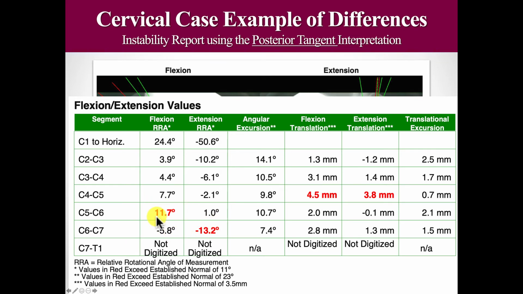Here, and I've got to belabor this point a little more because every one of you has this question, because nobody's ever explained to you the differences. So here I am going to explain this just on flexion, C5, C6, not comparing to C4 to C5, and not comparing to C6, C7. Okay? So that's how the posterior tangent method's different.